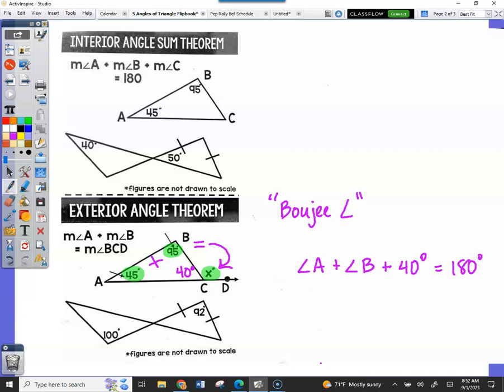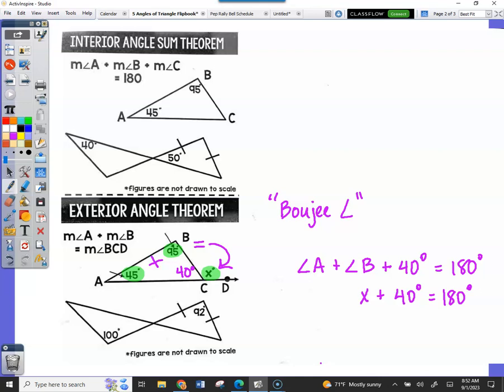Notice the 40 and the x are a linear pair. So x plus 40 has to equal 180, correct? Everybody agree? Do you notice how both of these equal 180?